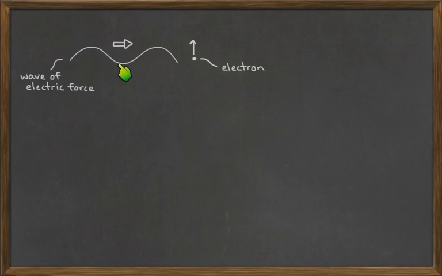And when that happens, it ends up pushing the electron in the other direction. And so the end result is that as this wave propagates by, the electron ends up getting pushed around, first one direction, then the other direction. So we end up then with an electron that's pushed back and forth as the wave passes.